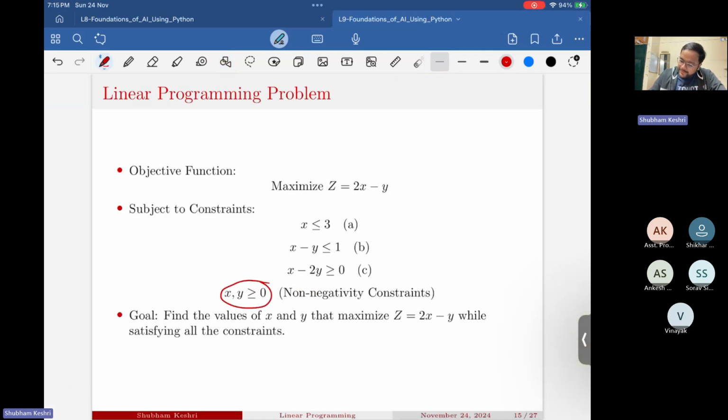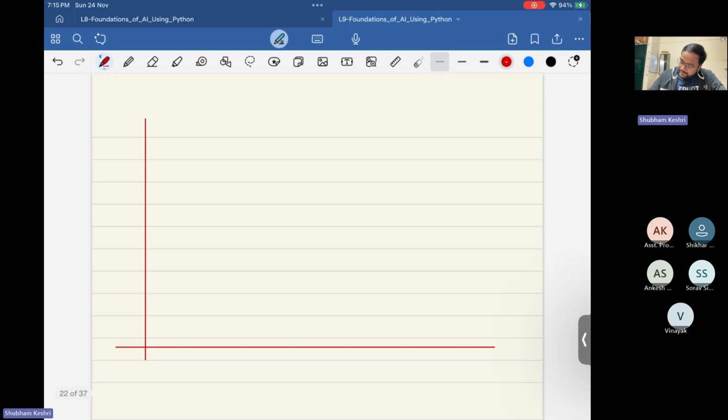Now, if you observe this constraint, x is less than equals to 3 is a vertical line. It will be like this, where this is x equals 3. This is the x-axis, this is the y-axis, this is the origin. And these are the regions till now.